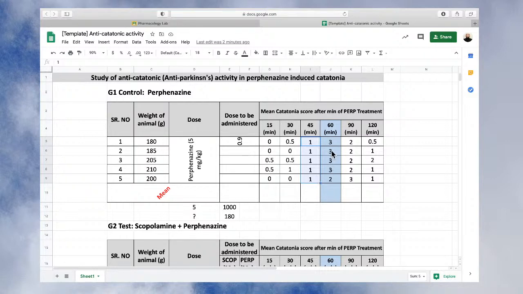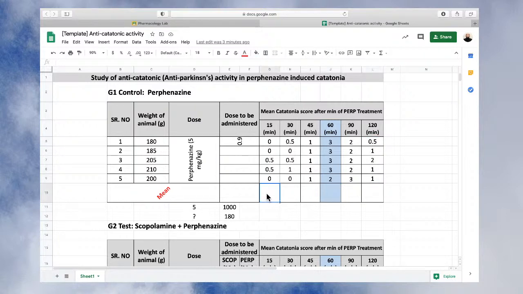Likewise, at 60 minutes, maximum animals show a score of more than 2. Here the fifth animal shows the score 2, or most of the time you got the maximum score, that is the score of 3. Whereas after 90 minutes, it is coming between 2 and 3, and after 120 minutes the score is coming between 0.5, 1, 2, 1, 1.